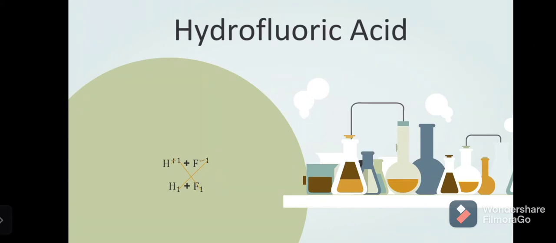There is a rule that when we are writing the chemical formula, if there is a subscript of 1 in the element, we don't need to write it down to get the final answer or the chemical formula of the compound.